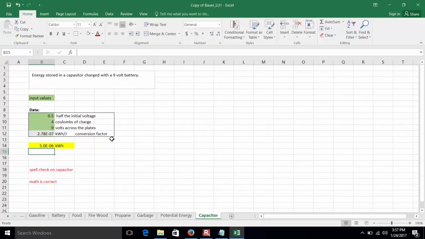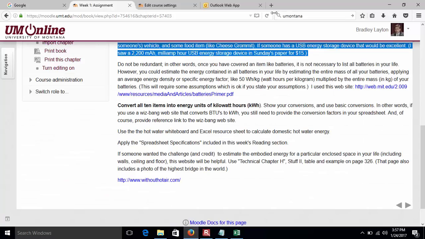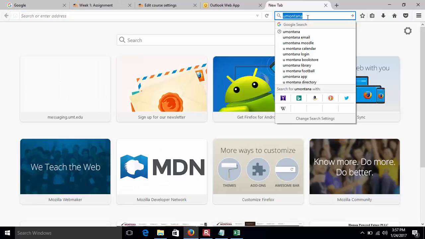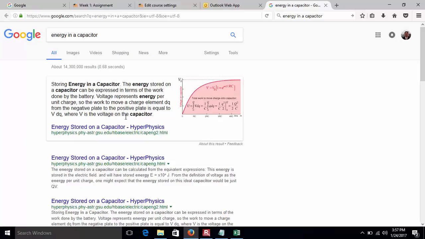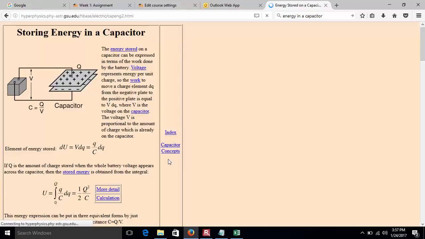Let's just go look that up. So that's where having that equation might be handy here. One half Q squared C.